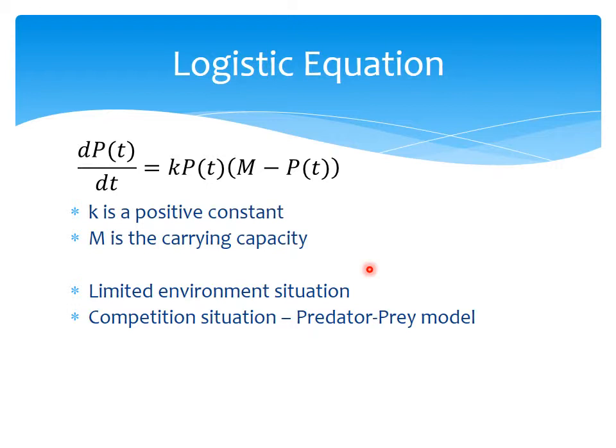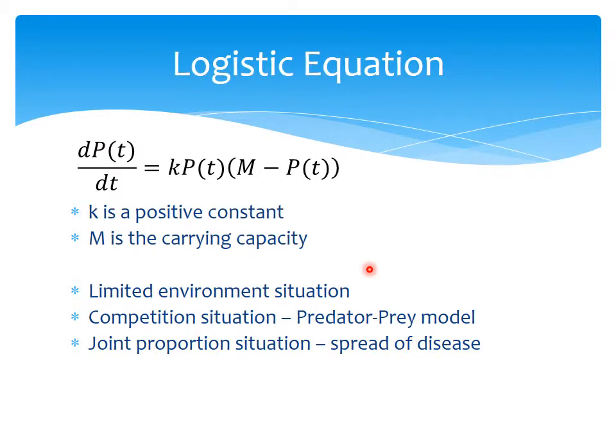If you've had some biology classes, you've heard of the predator-prey model, where you have some predator species eating the prey, and you can model the prey population or the predator population using this logistic equation.